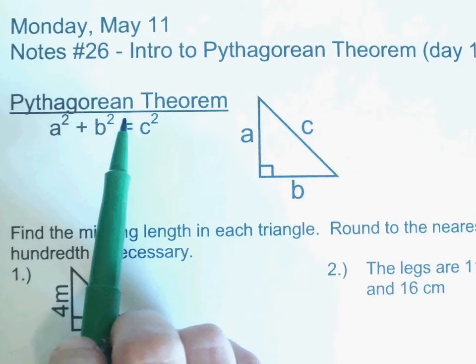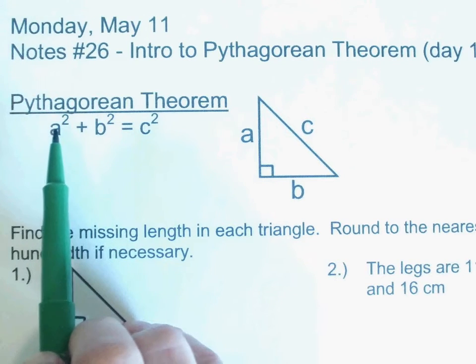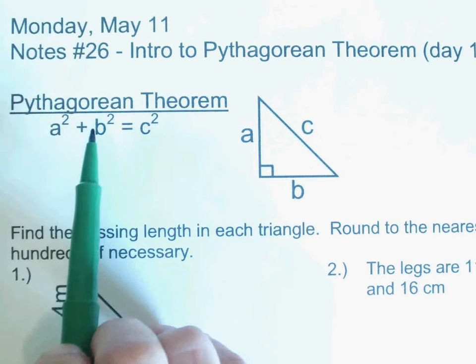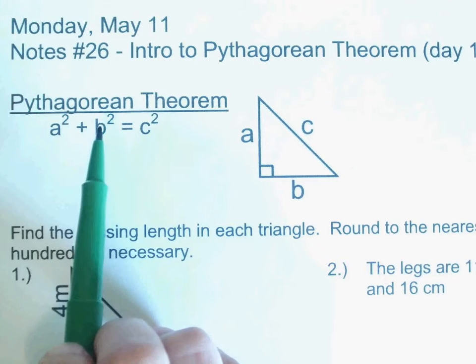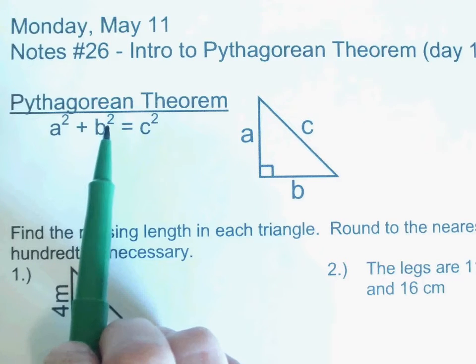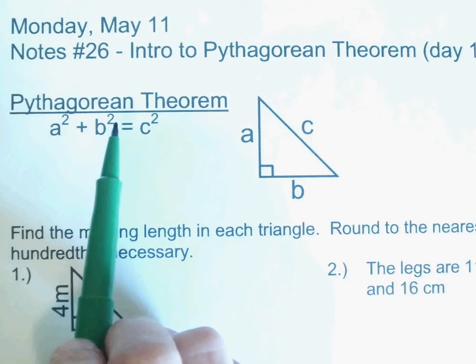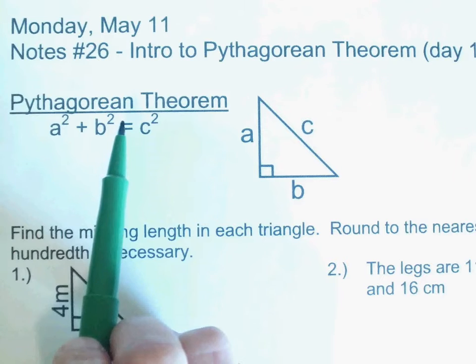I spell very slowly because it's a lot of vowels and weirdness, but Pythagorean theorem, created by Pythagoras, a long, long time ago.